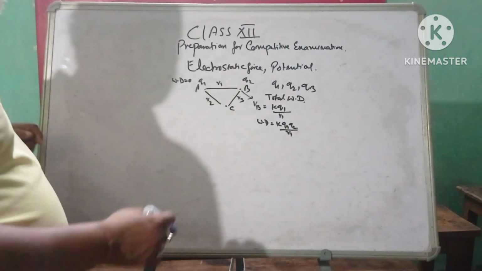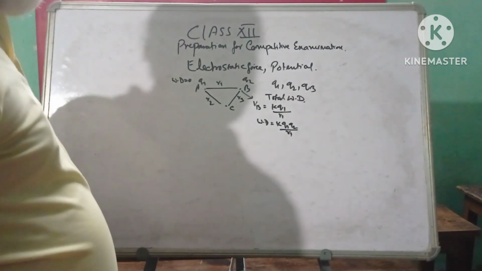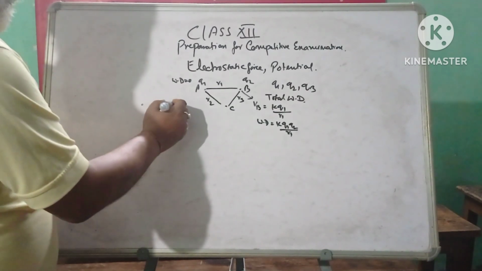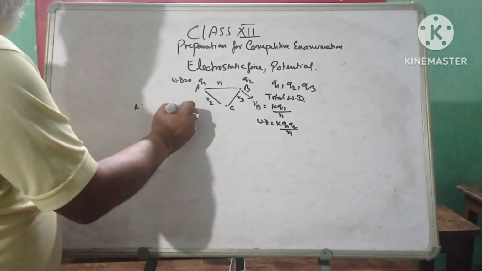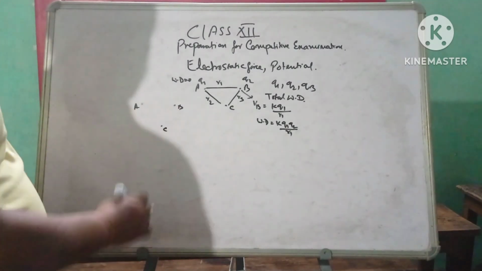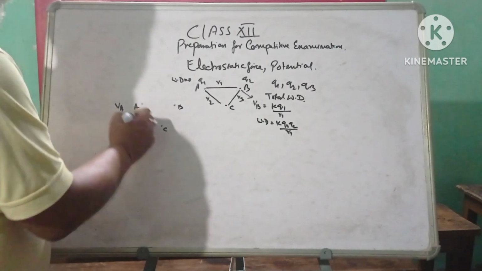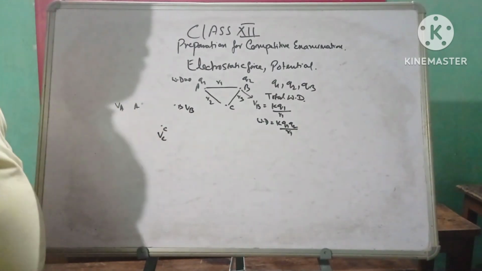So from this, a basic concept arises. Suppose here there are 3 points A, B, C, and everywhere the potential is the same. Here VA potential, here VC potential, everywhere the potential is the same.